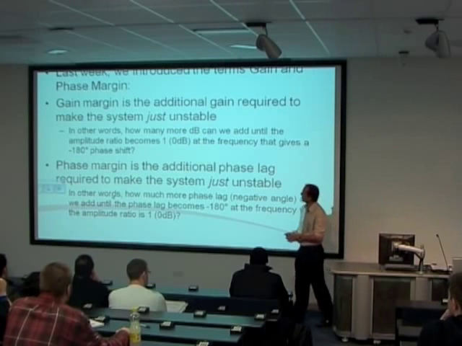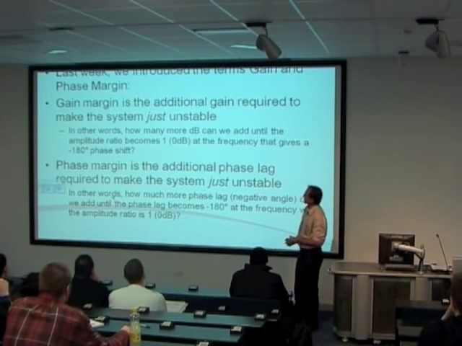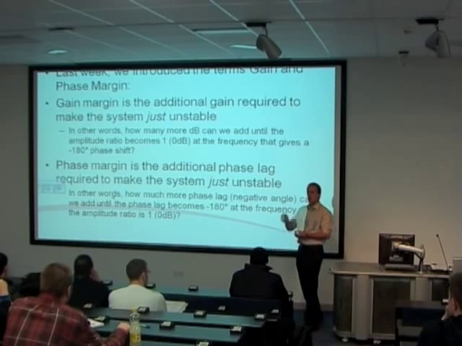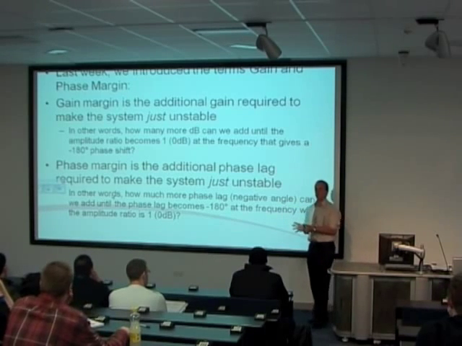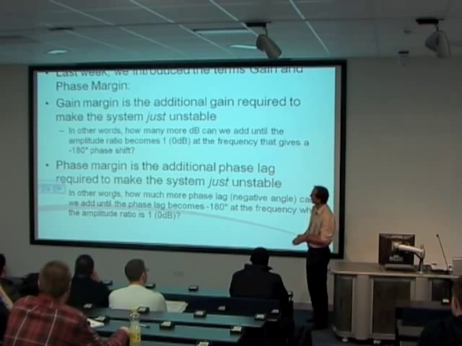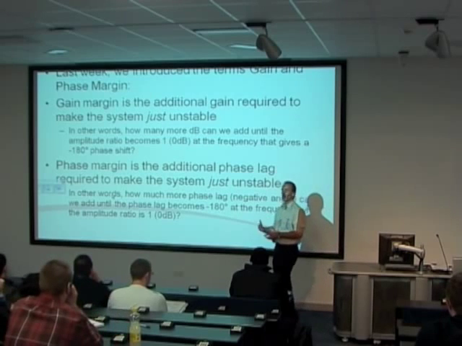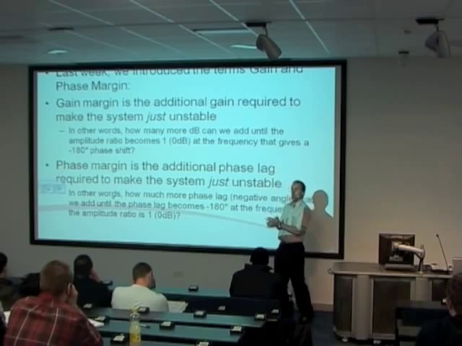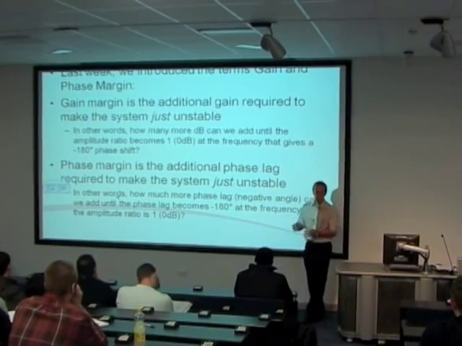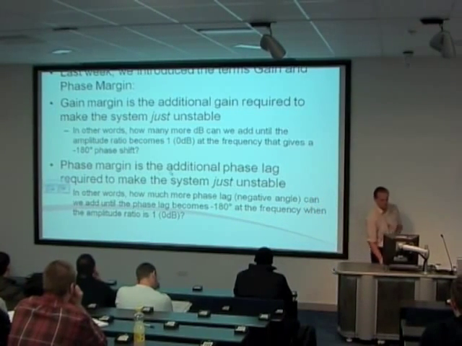Gain margin is that little bit of additional gain that's required to make the system just unstable. We're looking for this -1 number on the open loop. Phase margin, similarly, is how much additional phase lag can we put into a system to bring it to that point of just about unstable. Okay, so those are the numbers that we're looking at.